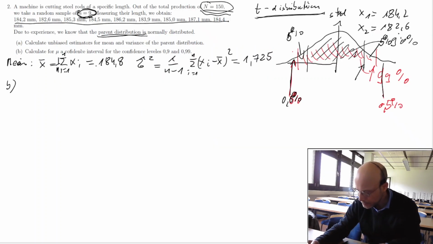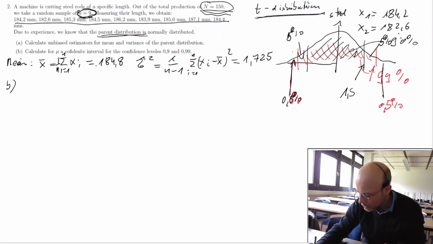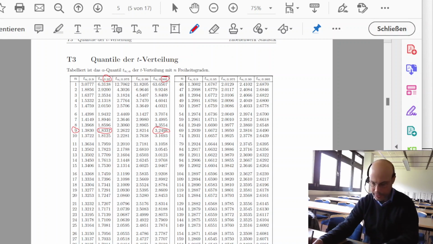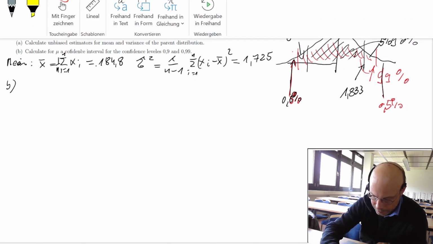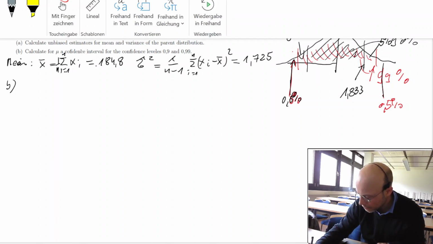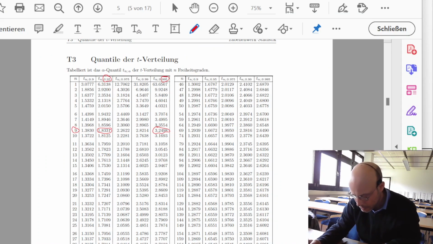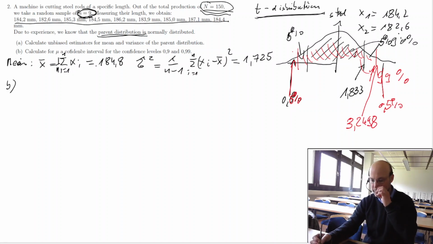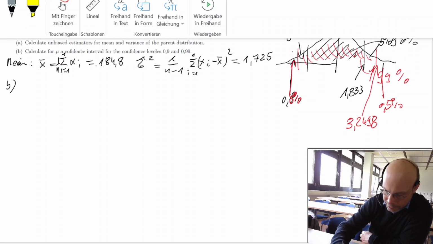So this one is 1.833, and this one, the red one, is 3.2498.